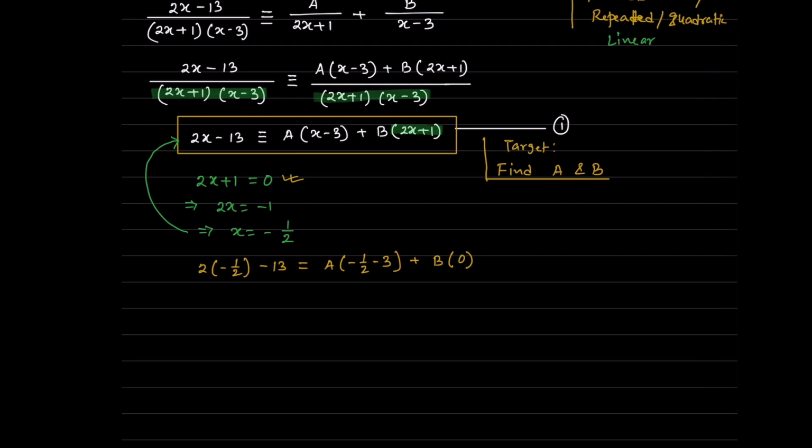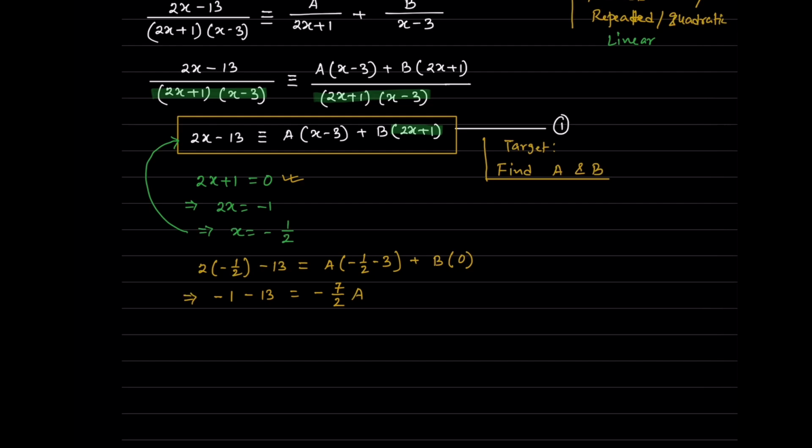So if you calculate this, we get minus 1 minus 13 equals, this one will be minus half minus 3, which is minus 7 by 2, a.